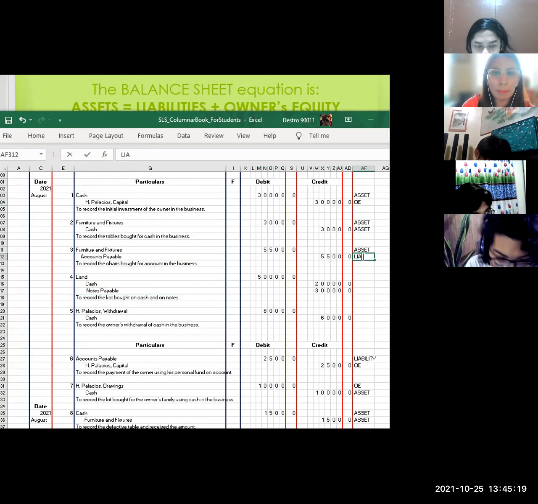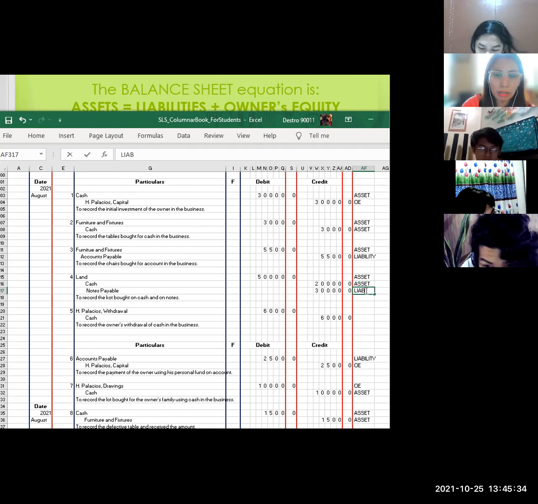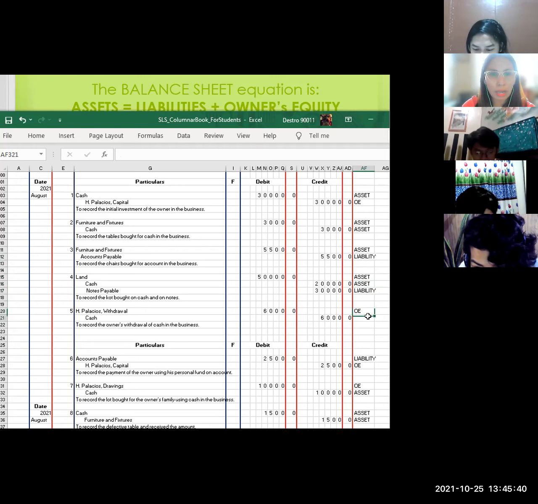Accounts payable, liability. Land is an asset account. Cash, asset. Notes payable, liability account. Owner's equity and asset.